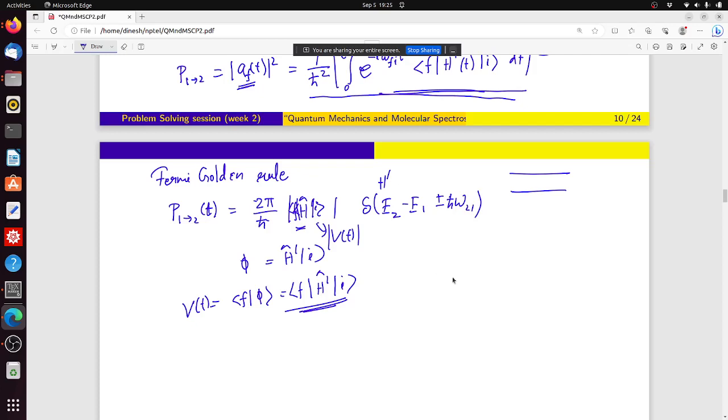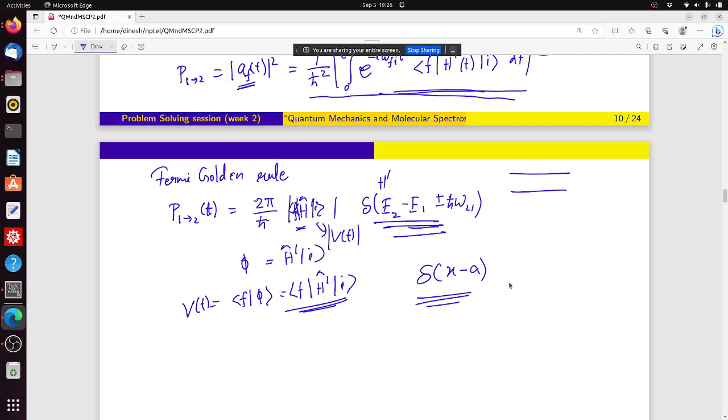Okay, can anyone tell me what this Dirac delta function looks like? Let's say this is delta of x minus a. How does this function look?